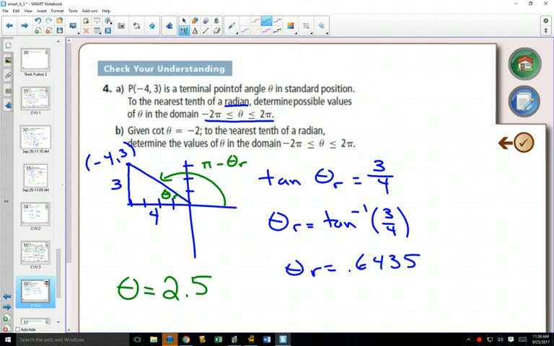Now we need to also find, because we've just done our positive angles, but our domain was from negative 2 pi to 2 pi. So now think in the negative direction, that would go from 0 to negative 2 pi. That would include this angle. So it would be pi plus. And if I was thinking in degrees, I would have done 180 degrees plus my reference angle.